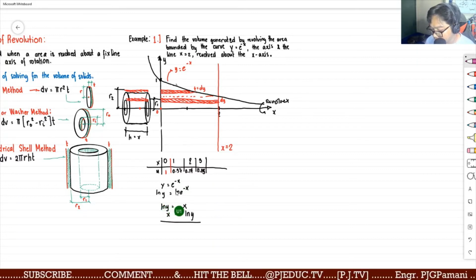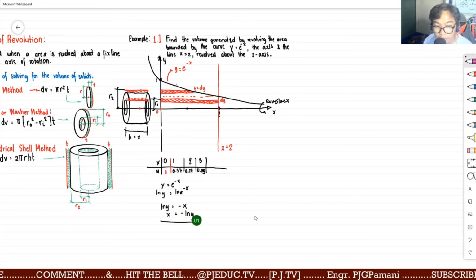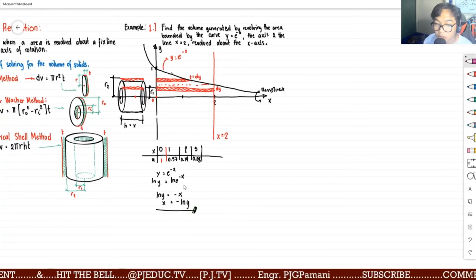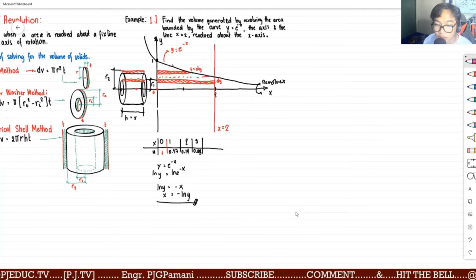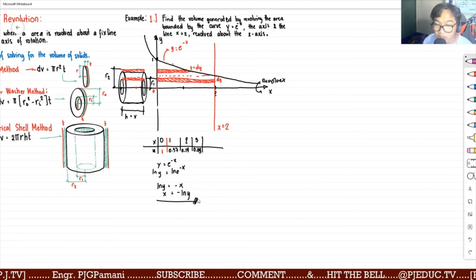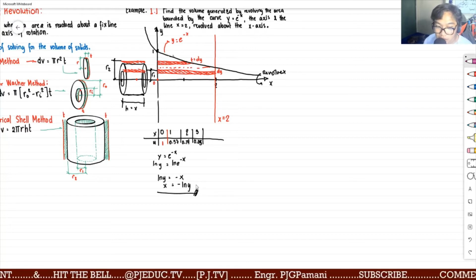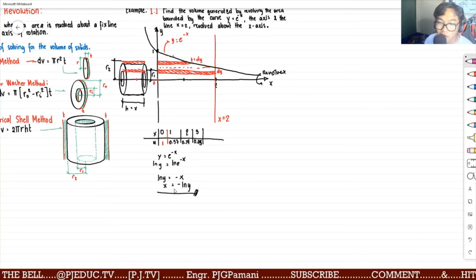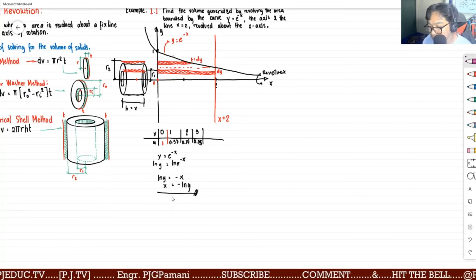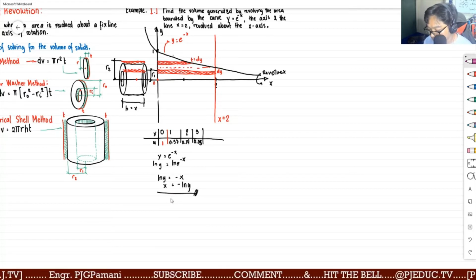I hope you could still remember that transformation. By adding ln on both sides of the equation, we could then eliminate e, such that ln e is simply equal to 1. Then bring down the exponent, negative x. That is now ln y equal to negative x. Then divide both sides by negative 1, which gives us x equal to negative ln y.